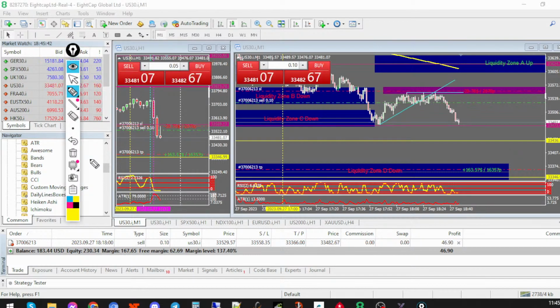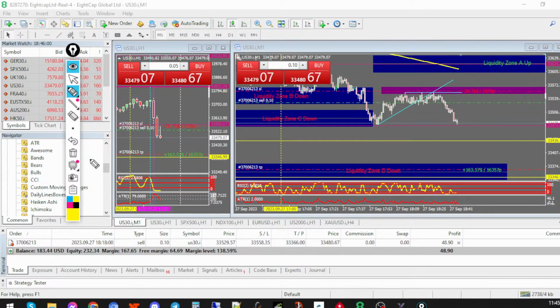The market makers can do pretty much whatever they like. All right, giving us another impression that they want to go up.